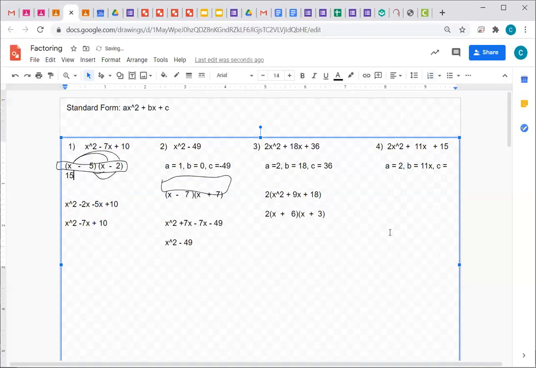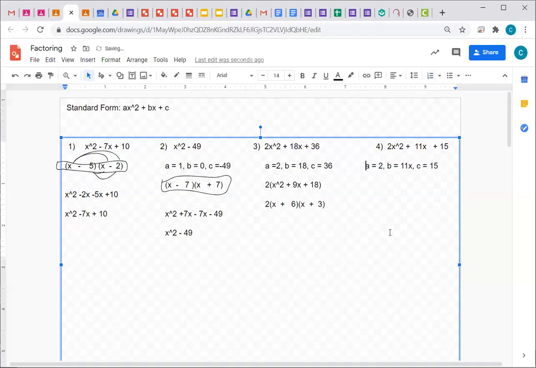We can't divide 11 by 2 or 15 by 2. So we are going to just put that 2 in front of one of the x's. I think, okay, well, 2x times x is 2x squared. So I'm going to just leave that inside this first parentheses.